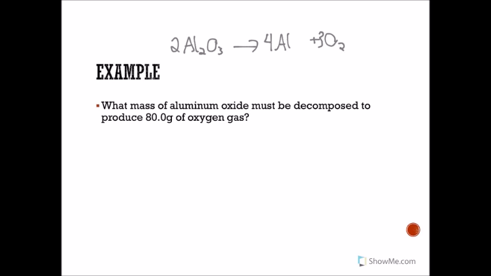We then need to write our given and unknown. We are looking for a mass of aluminum oxide, which we know is in grams, and we have 80 grams of oxygen. Now whenever we have grams, we know we are going to need to find our molar mass, so I like to find that next. For the molar mass of oxygen, we don't need to take into account the 3 from our balanced chemical equation because we'll use that in our mole ratio.